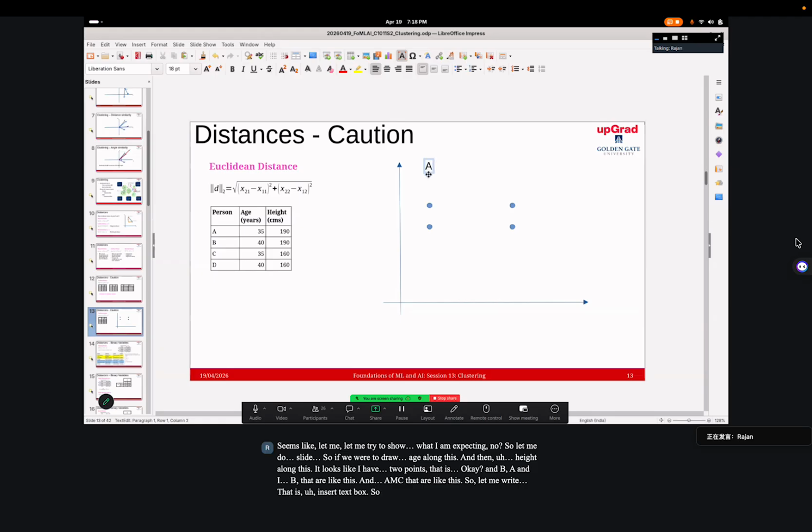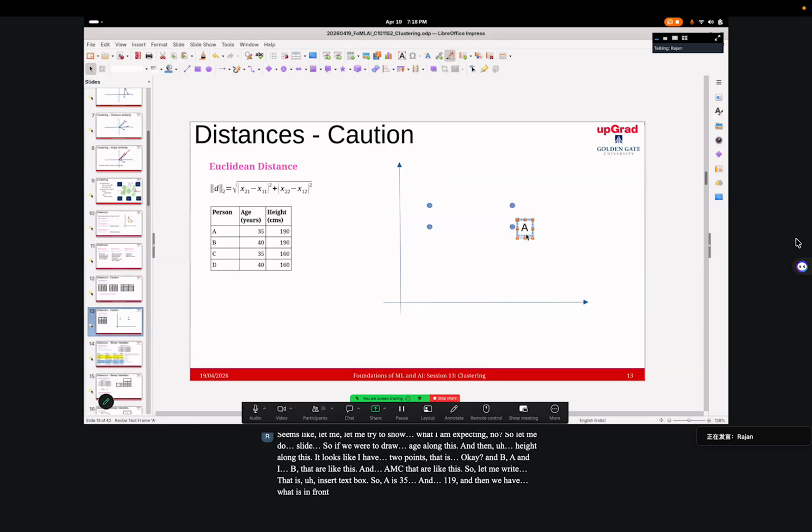So A is 35 and 190, and B is 40 and 190.